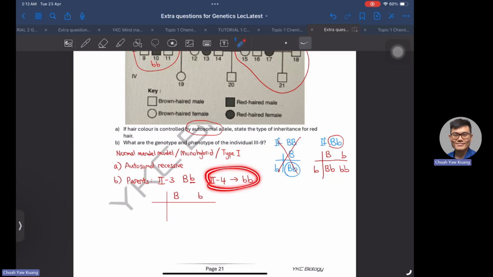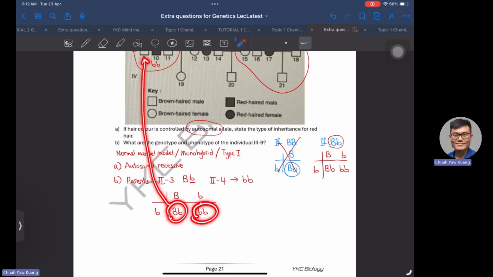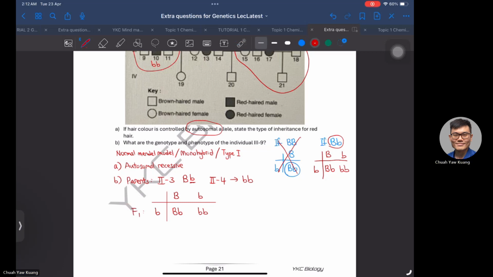Then this parent 2-4 can only produce one type of gamete. So when we do the cross, you can see that there are chances for the son to have brown hair, and there are chances for the son to have red hair. So this would be the F1 generation. Okay, so done with this.